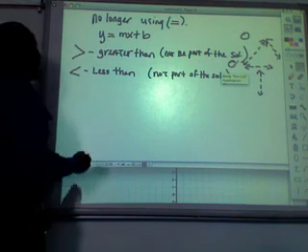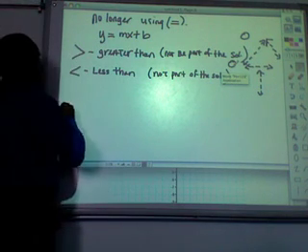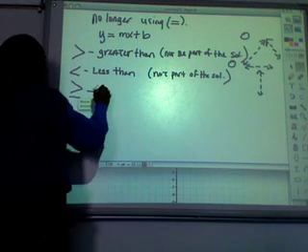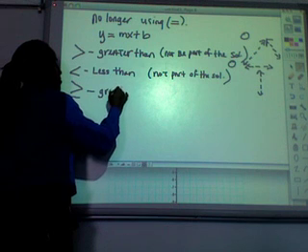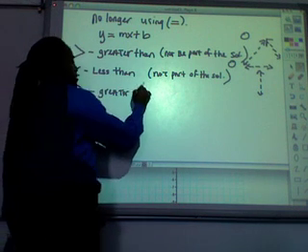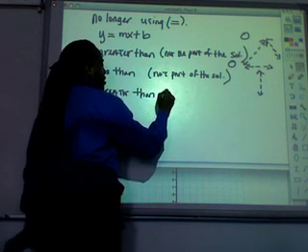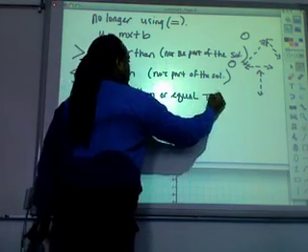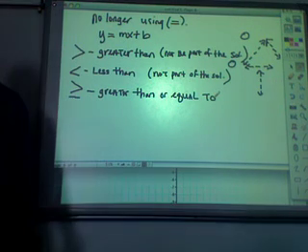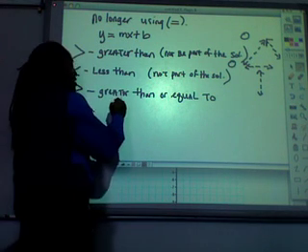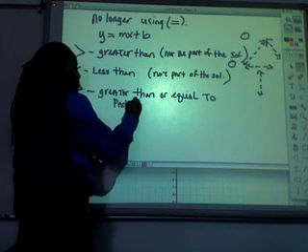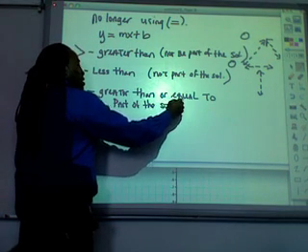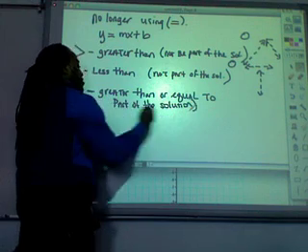The other types of inequalities we have are, all right, greater than or equal to. Which of course for this one, what do you think it's going to be? This will be part of the solution.